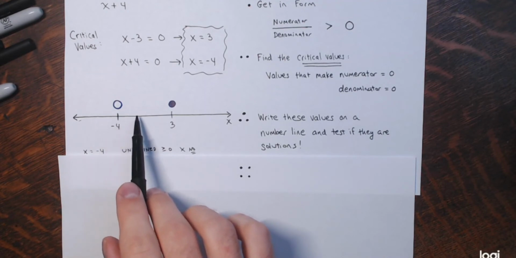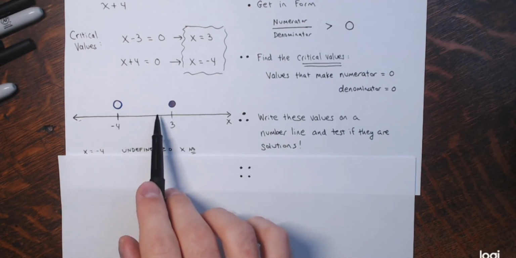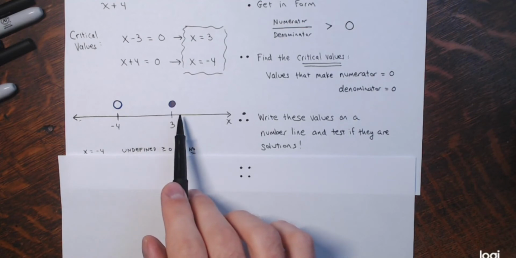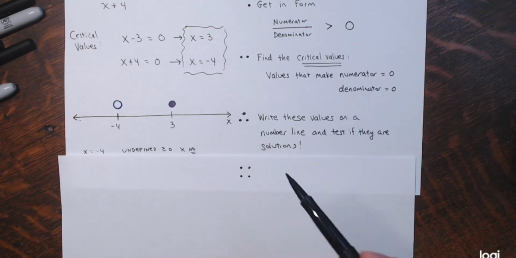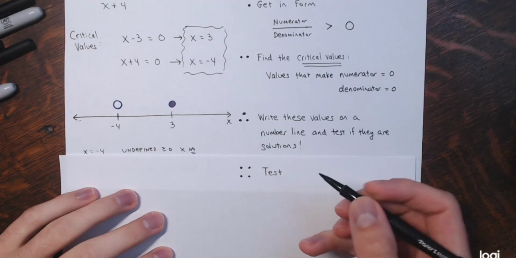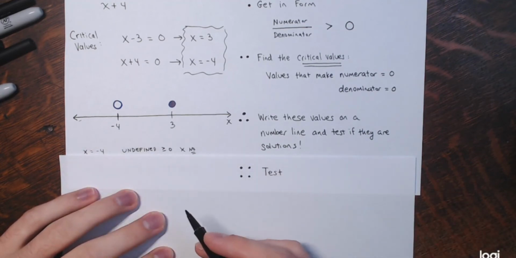You have another interval between negative 4 and 3, and then another interval from 3 to infinity. So what I'm going to do next is test a value in each interval to find intervals of solutions.